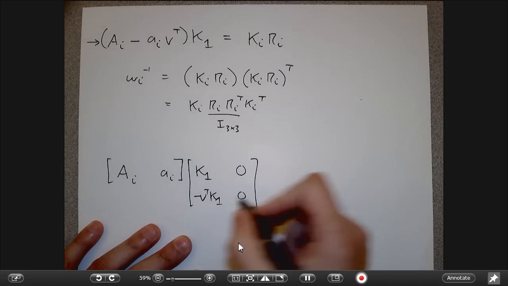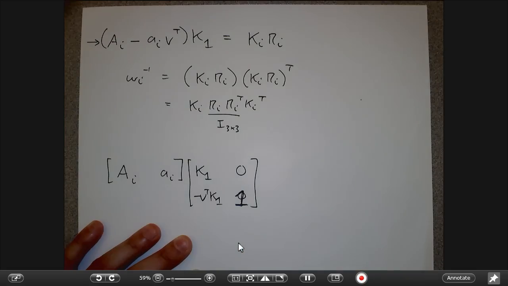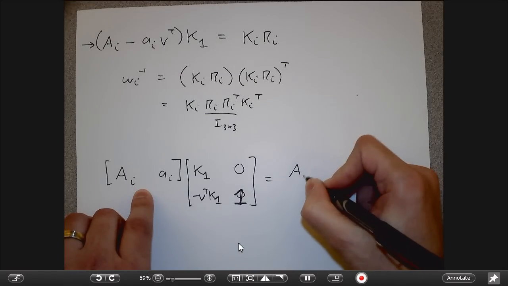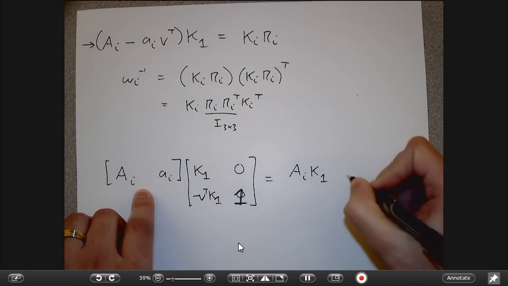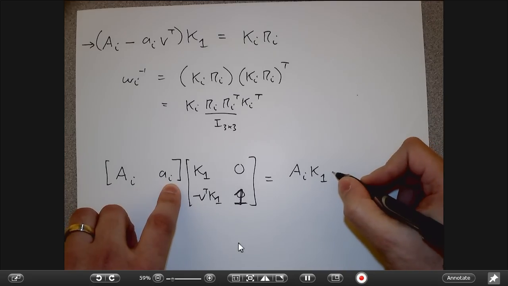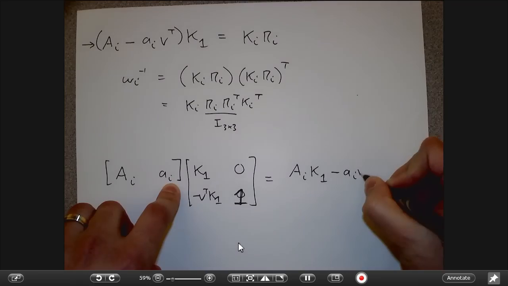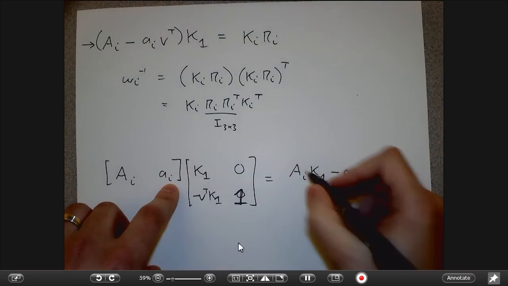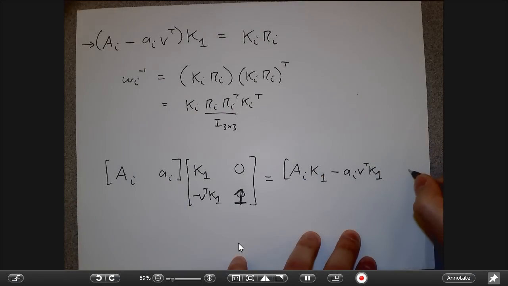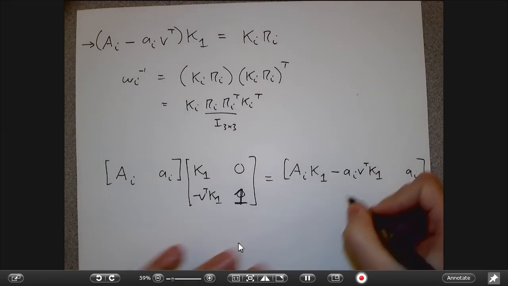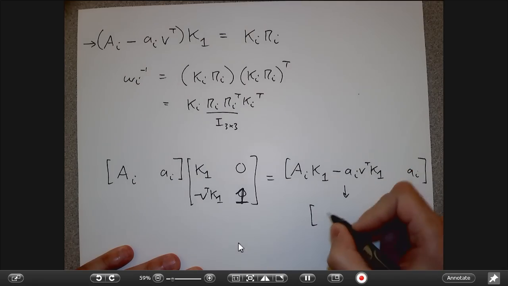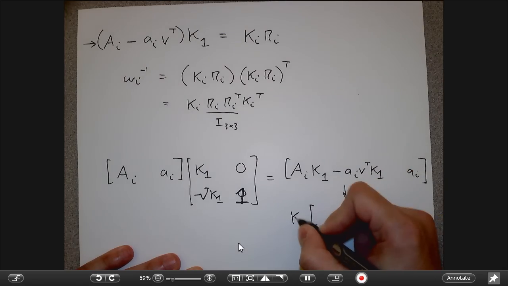This is the special H that undoes the projective thing. What I get when I multiply these together is A_i K_1 plus minus A_i v transpose K_1 A_i. After I undo this, what I have to get is the camera matrix for the ith camera.